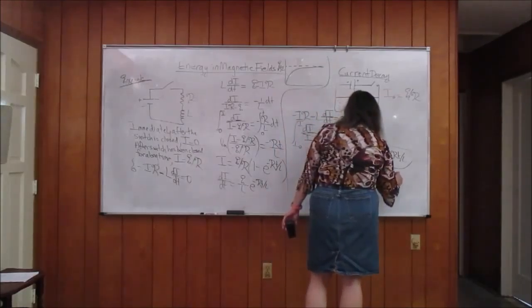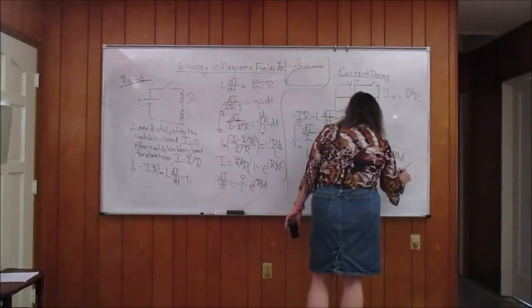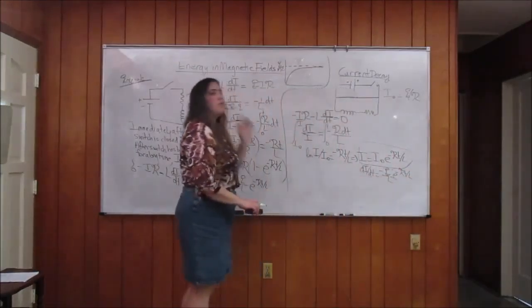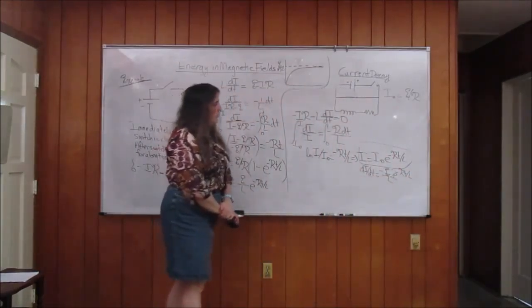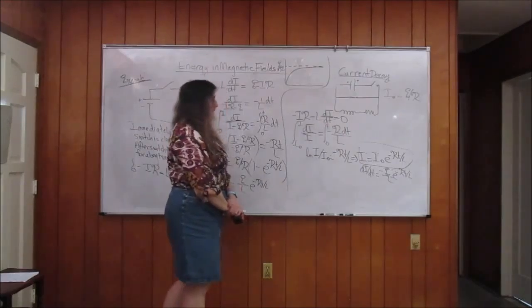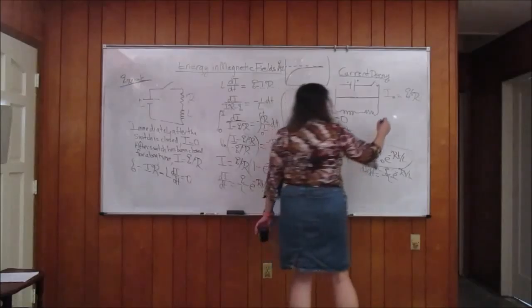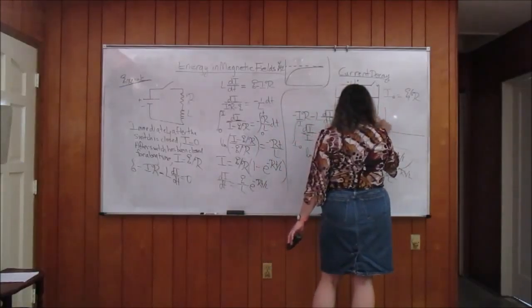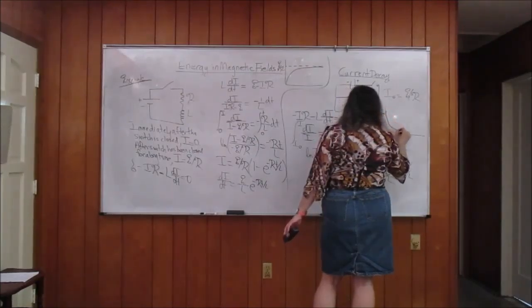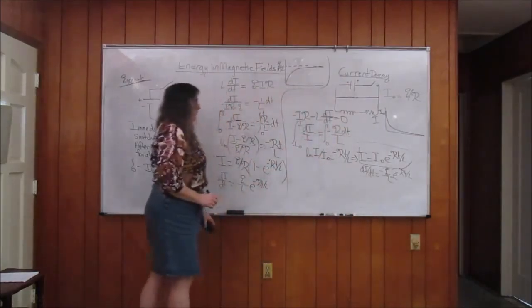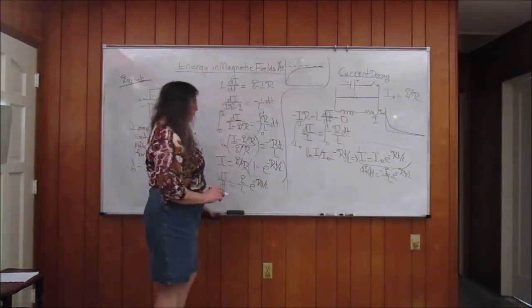So the rate of change is just going to be equal to minus EMF over the inductance times e to the minus Rt over L. Okay? And if you looked at what that current looks like, it would start at some value I naught and decay exponentially and go to 0 after an infinite amount of time.